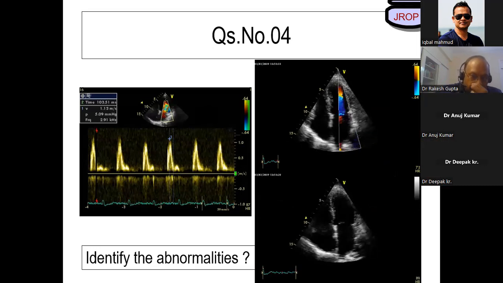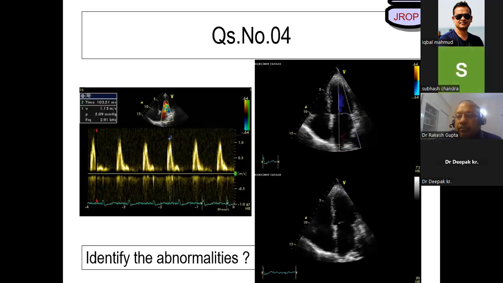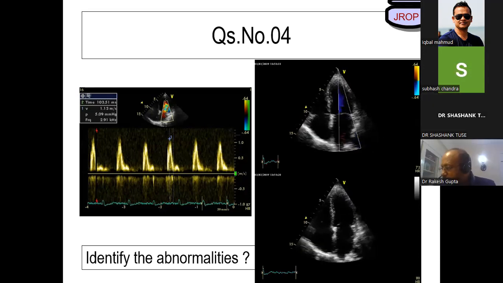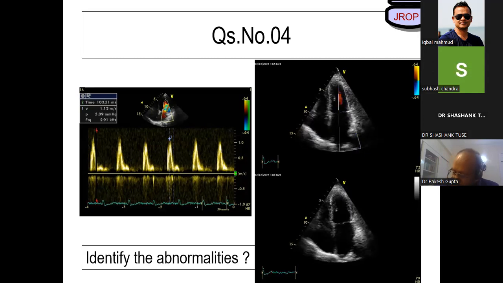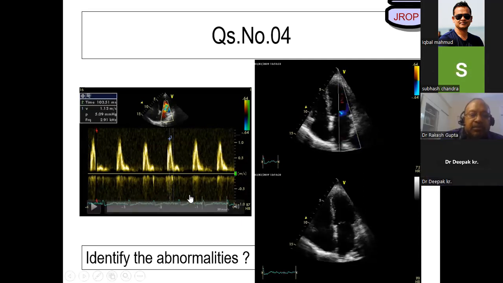And MR is present in the second picture, only mild MR. What is the abnormality in this slide, Deepak? So it can be a restrictive type of filling, because E by A is more than 2. I agree. You get 50% marks, that is a restrictive filling pattern.